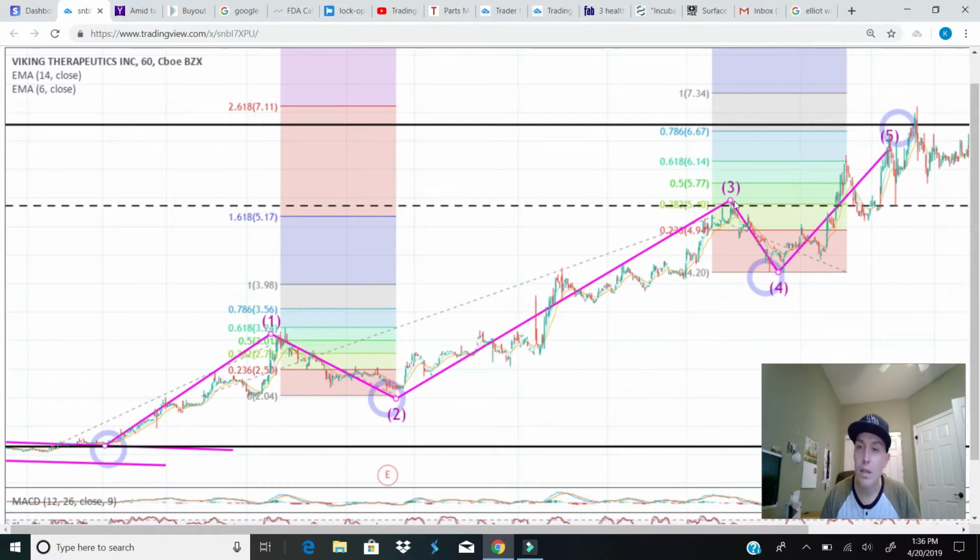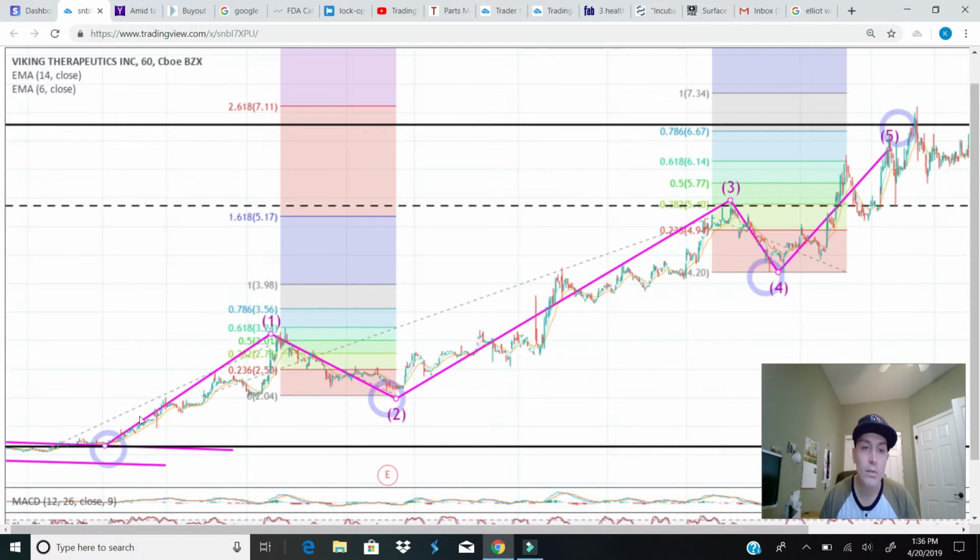So if leg 3 to 4 retraces 0.382 and leg 1 to 2 retraces from 0.5 to 0.618, then we can pretty confidently say and project and forecast what leg 5 is going to approximately come out to.